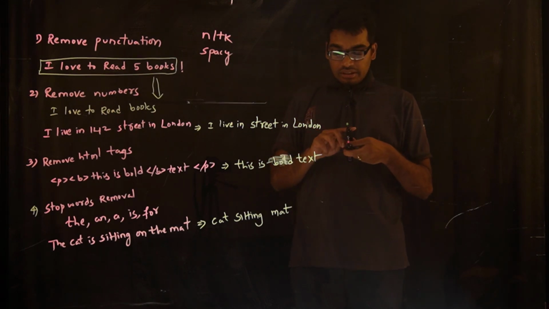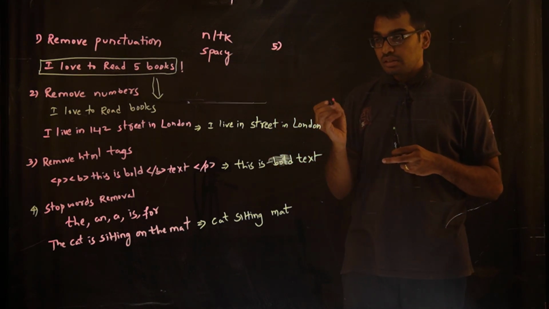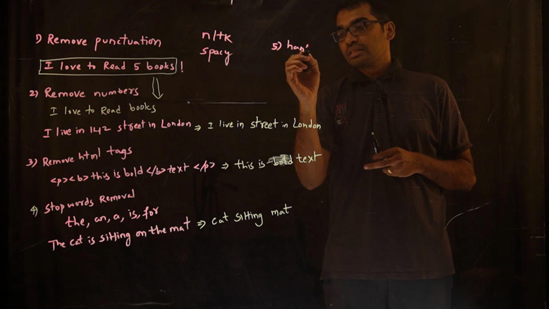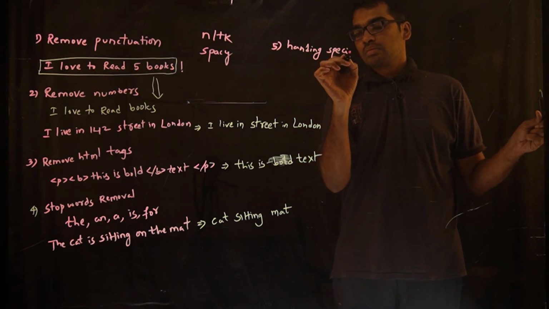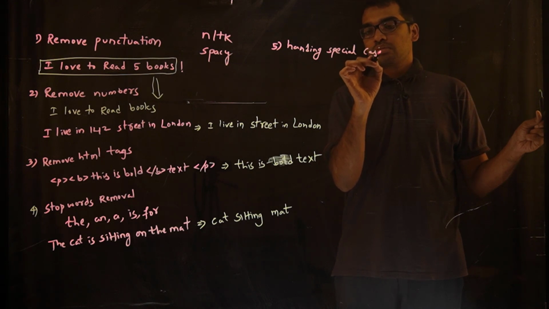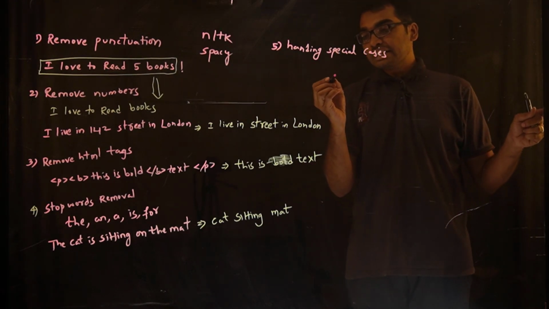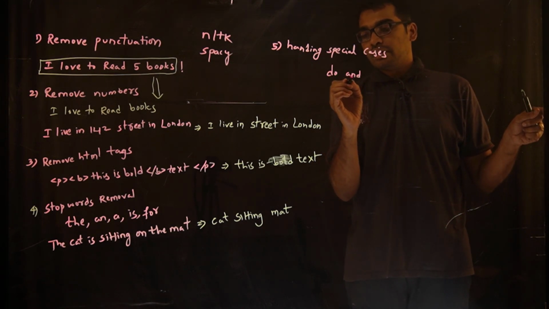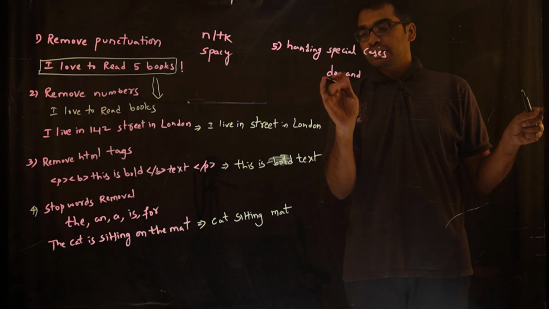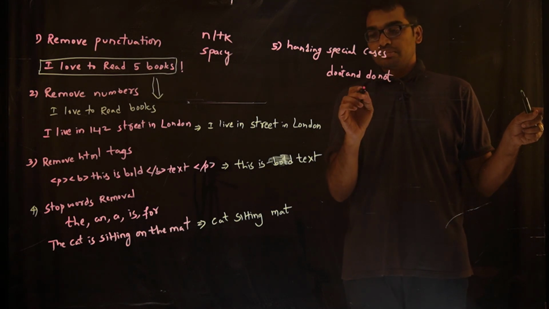Then the fifth one is handling special cases. Special cases are examples like do not and don't, which both mean the same, right?